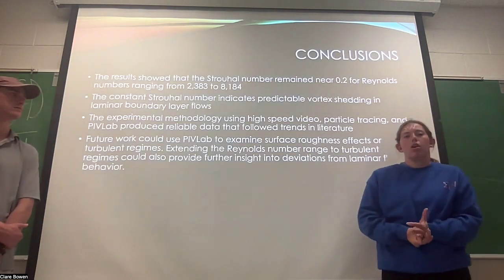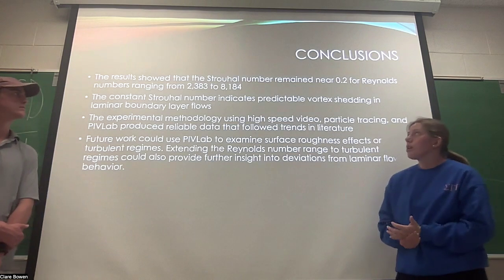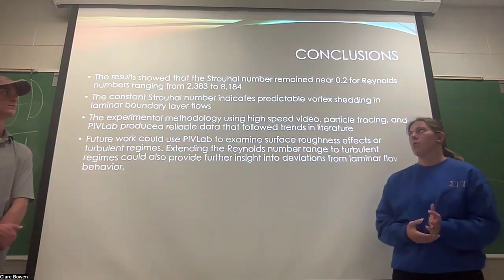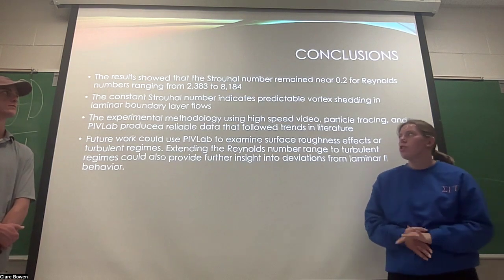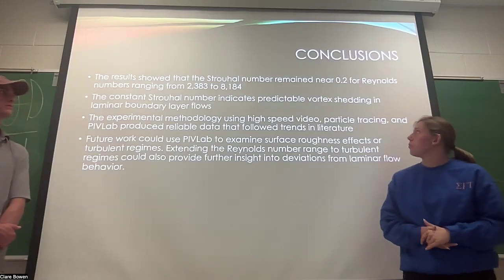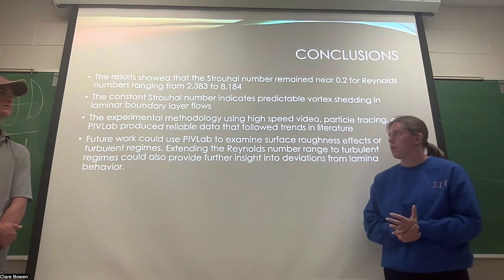So in conclusion, our results showed exactly what we were looking for, that the Strouhal number would be around 0.2 and that our Reynolds numbers would be between 2,300 and 8,100. Seeing a constant Strouhal number indicates the predictable vortex shedding in a laminar boundary layer, which is exactly what we wanted to see.